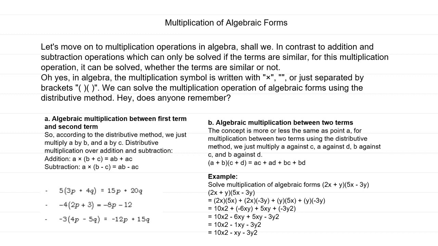That is 2x times 5x plus 2x times minus 3y plus y times 5x plus y times minus 3y, which is 10x squared minus 6xy plus 5xy minus 3y squared, which is 10x squared minus xy minus 3y squared.